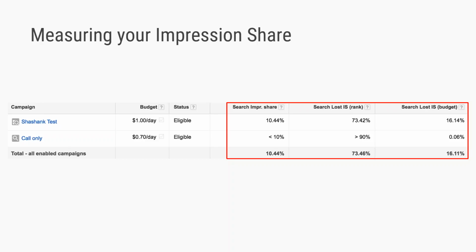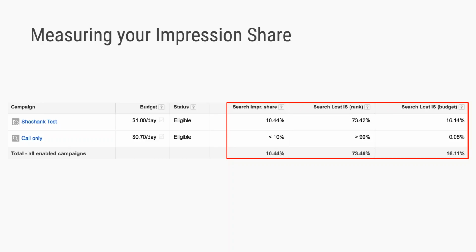That means this campaign has been losing out on auctions mainly due to ad quality and bids. Their position has been really low, and they have not been competitive enough to win most of the auctions.